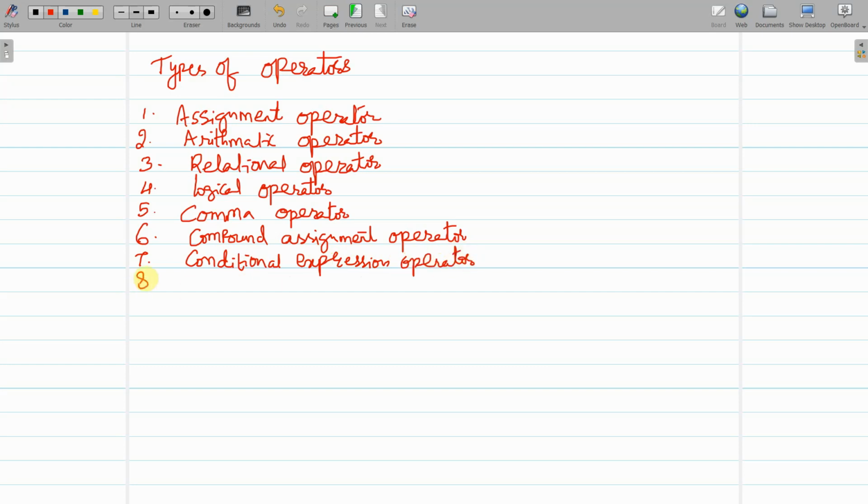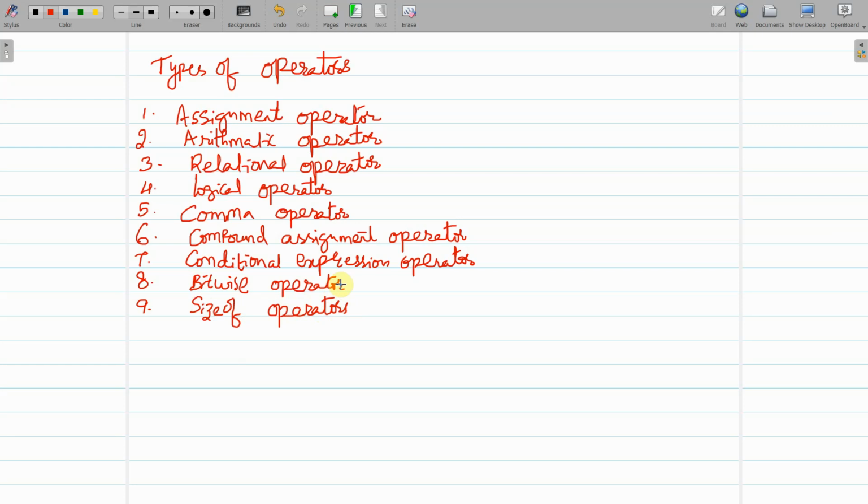The eighth one is the bitwise operator. The ninth one is the sizeof operator. So this is the list of the operators available in C language.